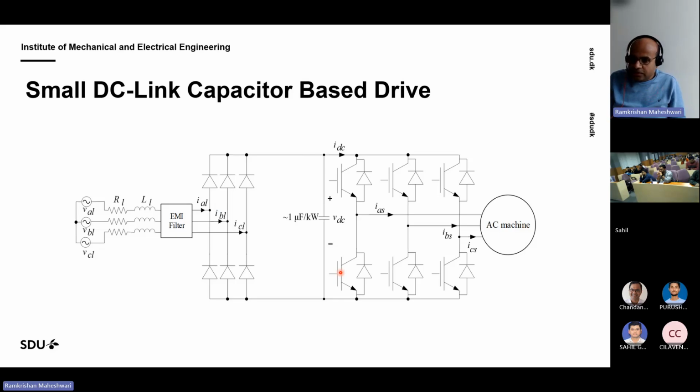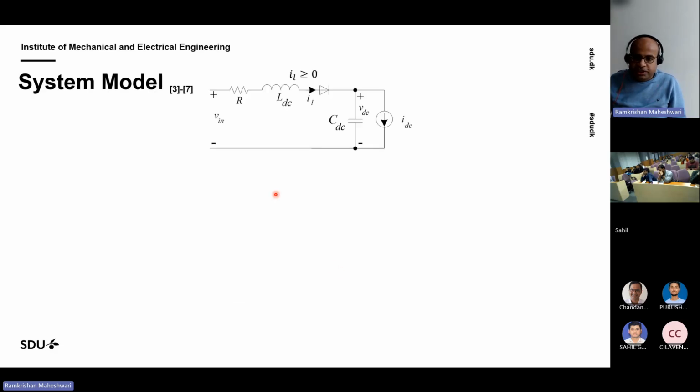When the voltage increases and current decreases, it means we have a kind of negative resistance. So then there is a problem of negative impedance instability, and that I will talk about in this slide. If we have this negative impedance, what is the system model?